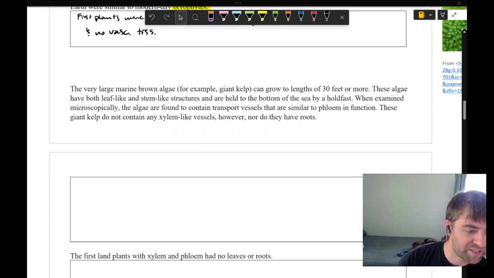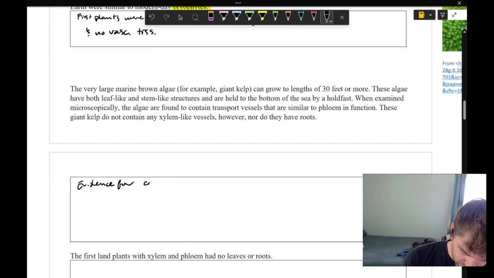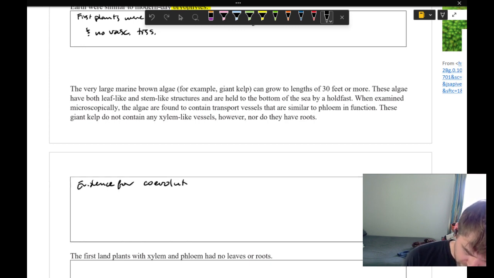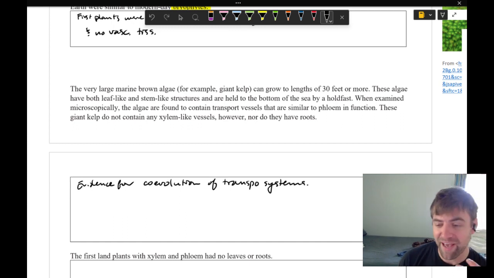So this observation provides evidence for the coevolution of transport systems. So different kinds of transport systems evolving kind of at the same time. Even in the water, there were some advantages to be had by this more efficient nutrient transport.